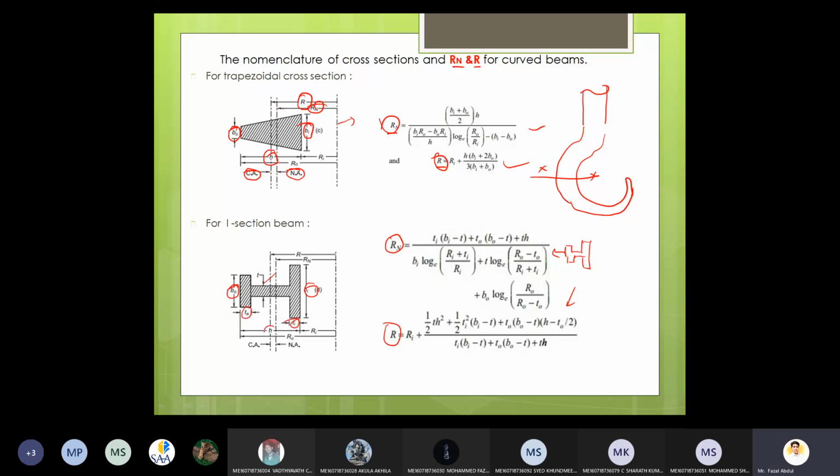This is the neutral axis, centroidal axis, neutral axis radius, centroidal axis radius, inner fiber radius, outer fiber radius. So these all values, all equation or parameters are going to involve here. Ti, Bi, thickness, here, R naught, Ri, right?